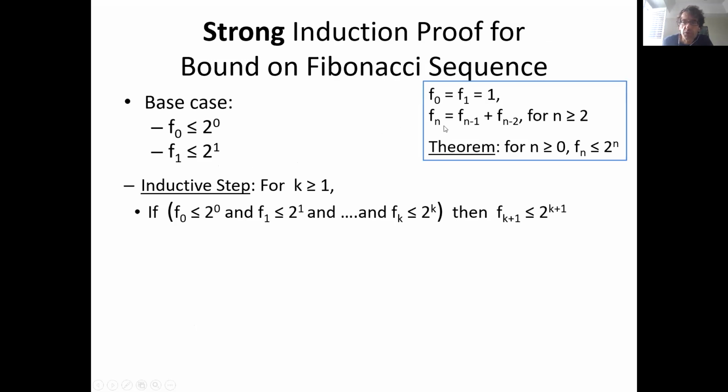We could prove this theorem that all terms of the Fibonacci sequence are upper bounded by this geometric sequence 2 to the n. It's this exponential function, right? If we were allowed to modify how the inductive step looks, the base case would still be the same as on the previous slide.